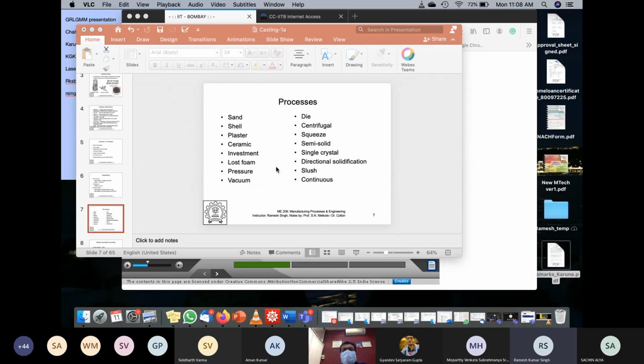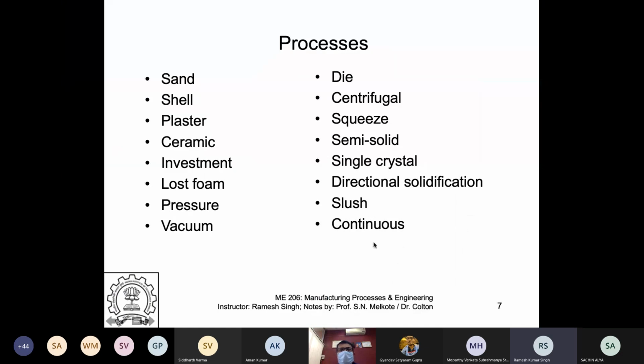So die casting, the difference would be that you will have a solid mold, maybe a steel mold, and you can do aluminum casting. So there is a permanent mold, and the material will be pushed through a plunger to fill the cavity, and then you need to take the material out.